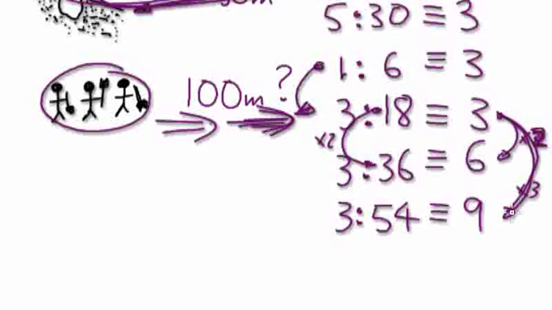If you times this by 3 here, then you've got to in effect get the 18 times it by 3, so that would be 54. So really it takes 9 days for 3 people to dig 54 meters.